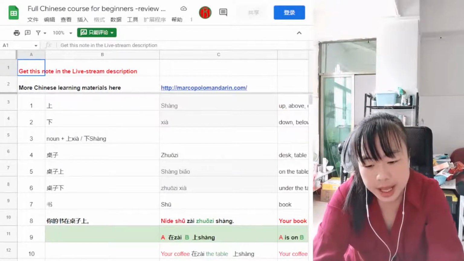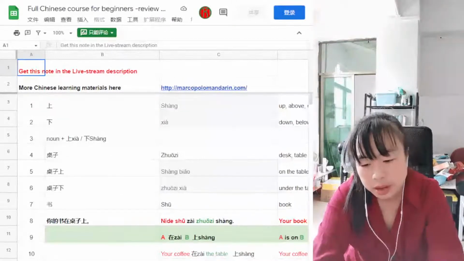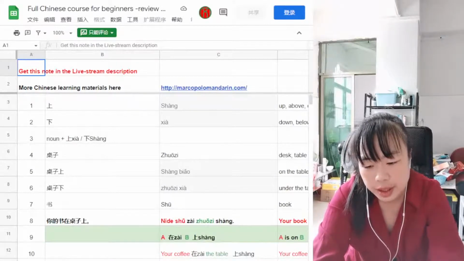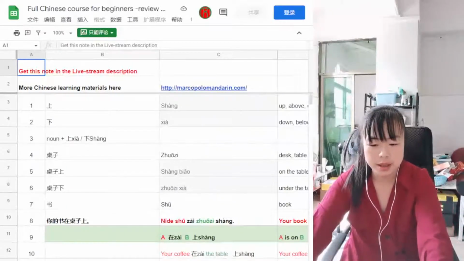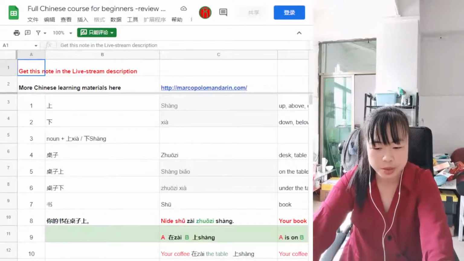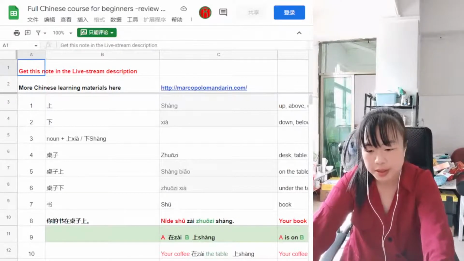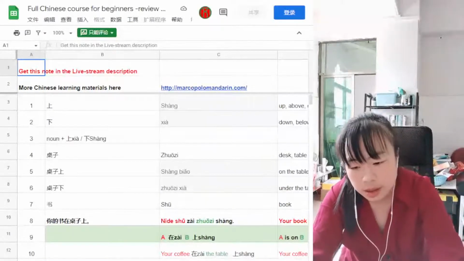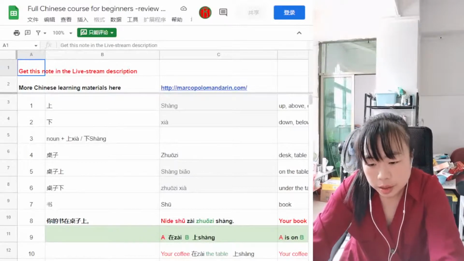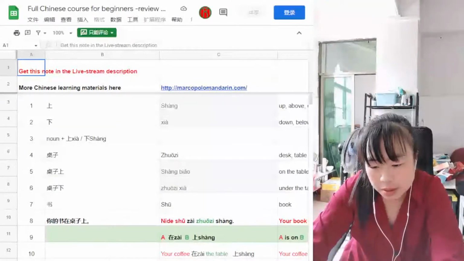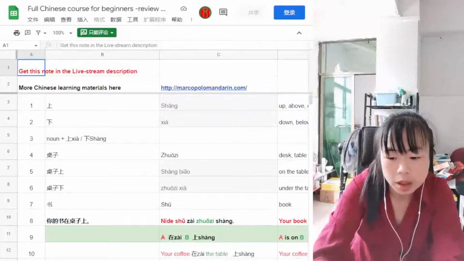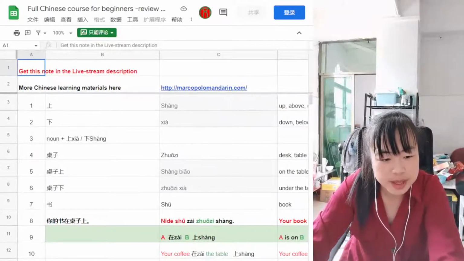The telephone is to the east of the airport. Okay. And the next one, I will use the same words just to show you the pattern. To the east, to the west, to the south, and to the north.